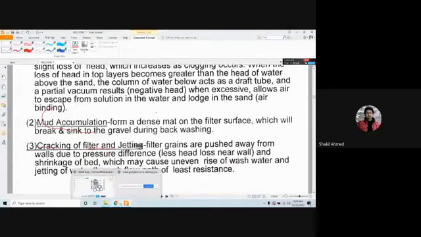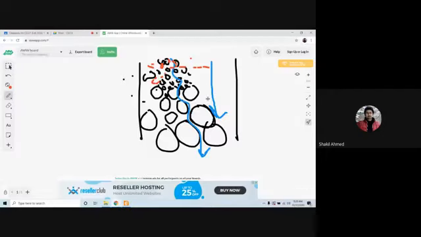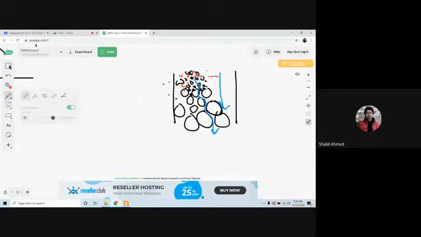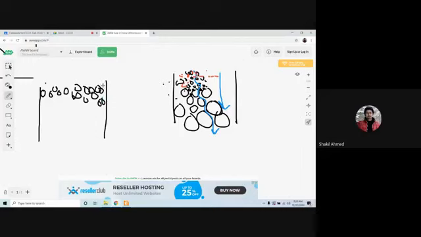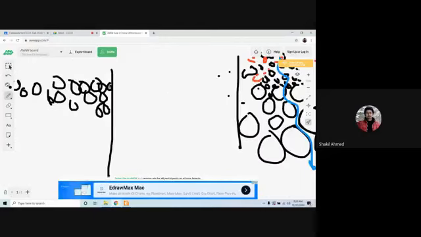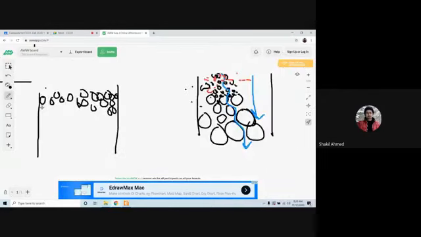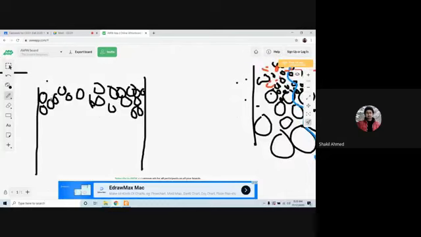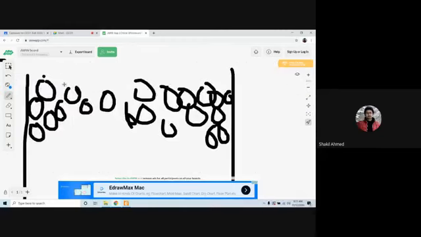If I draw it again, so look at here. If the water passes from there, it will get friction from this particle and from this particle.